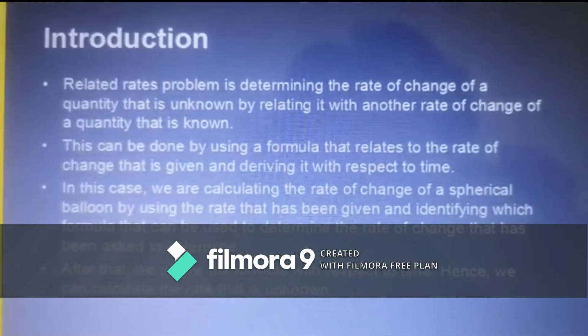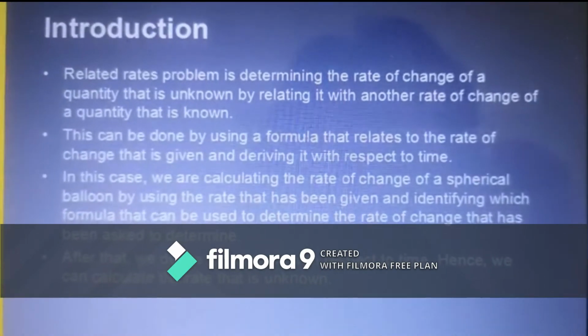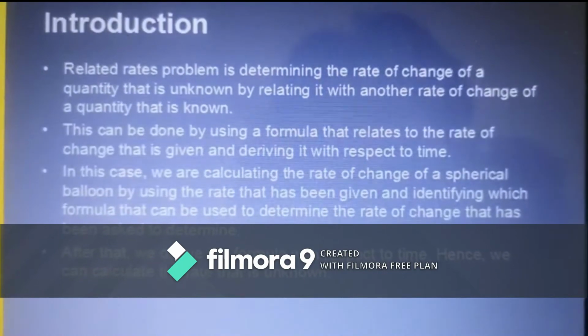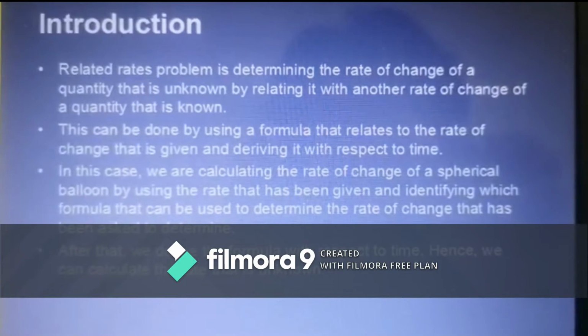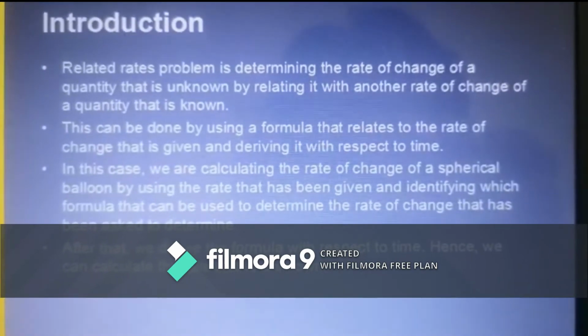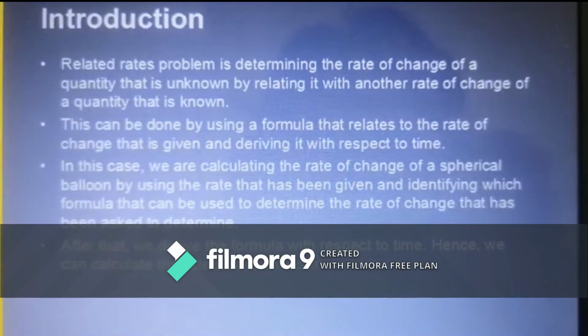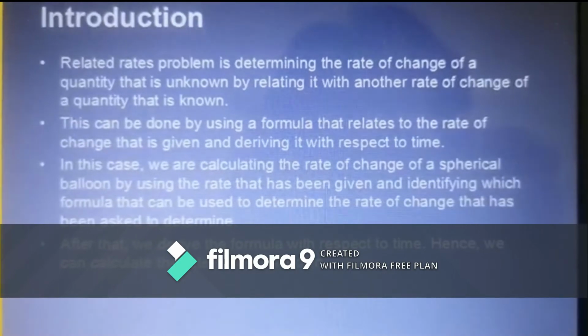This is the introduction for this topic. Related rates problem is determining the rate of change of a quantity that is unknown by relating it to another rate of change of quantity that is known. This can be done by using a formula that relates to the rate of change that is given and deriving it with respect to time.